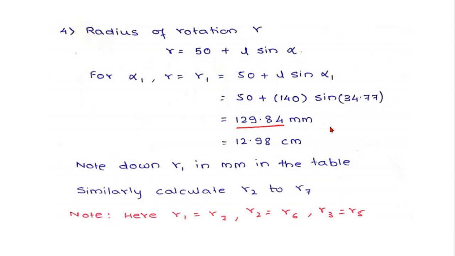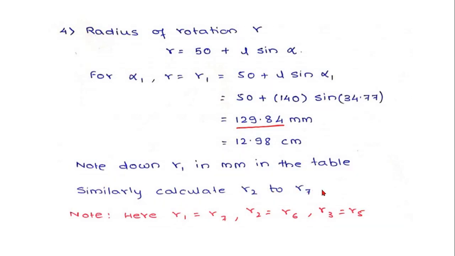So substituting that here, we get r1 as 129.84 millimeters, because here L we have taken it as millimeters. We can convert that into meter by multiplying this to 10 to power minus 3, or 12.98 centimeters. So note down the value of r1 in the table.